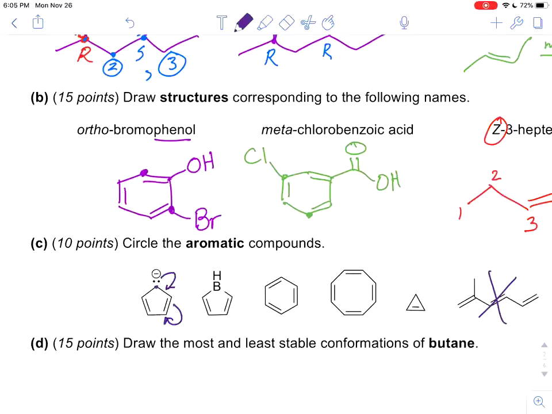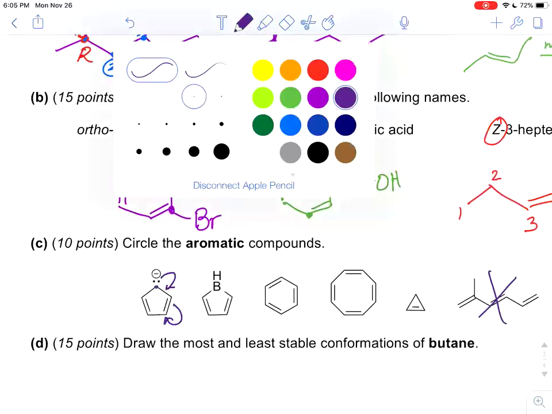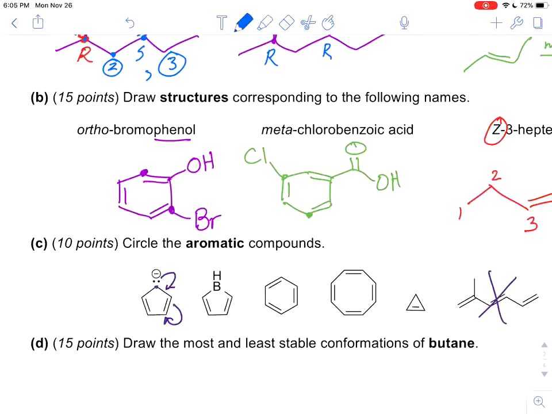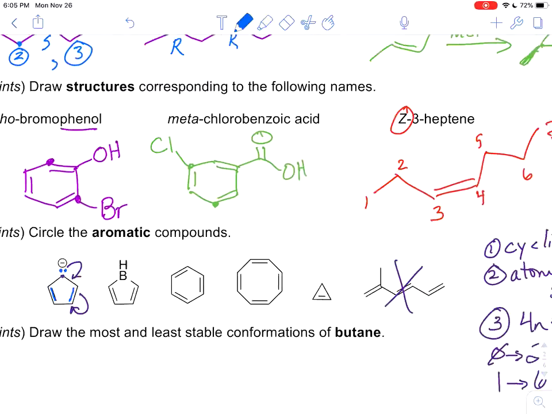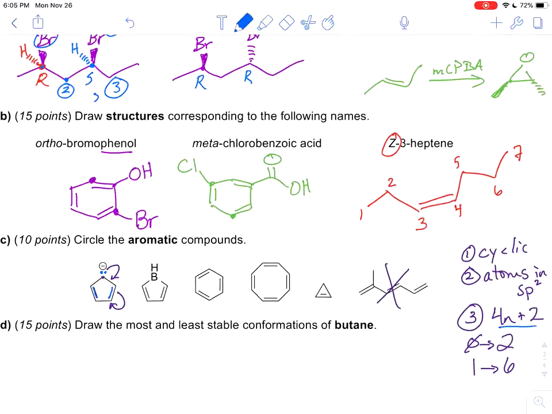And then we can count up the total number of pi electrons, and those are the ones that do participate in resonance. So there's 2, 4, and 6. And 6 is an allowable number of pi electrons based on the Huckel Rule, 4n plus 2. So I'll clean this up a little bit. This is aromatic.